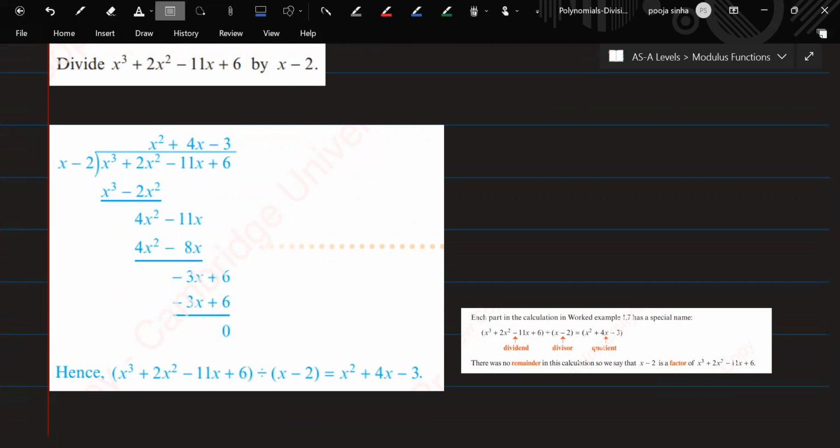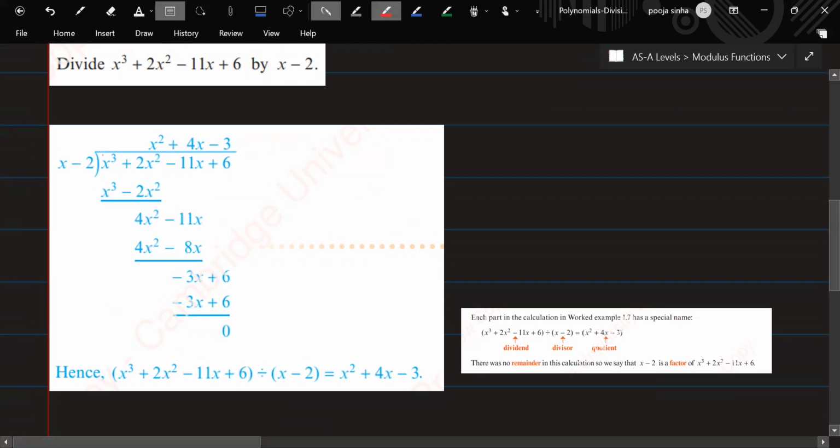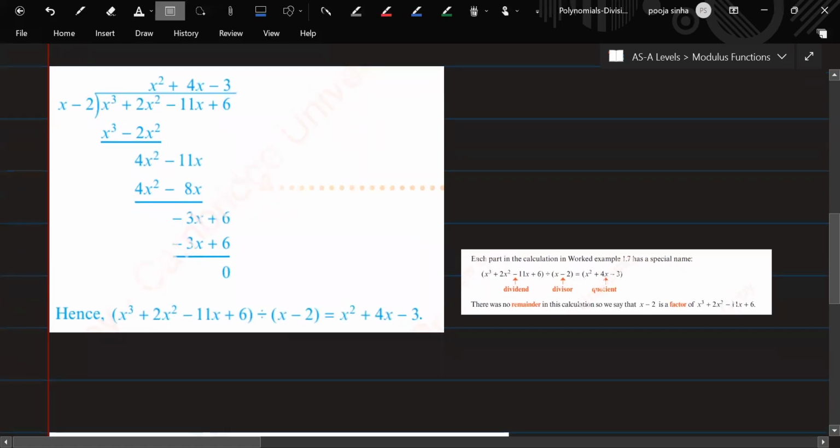You know, right? Okay. Once you divide this, one important thing that I want you to tell me is, if I'm dividing an x cube with just an x, what is the final answer? X square. X square, right? So dividend divided by the divisor, you get the quotient. Okay?